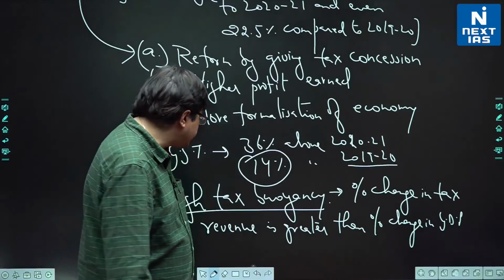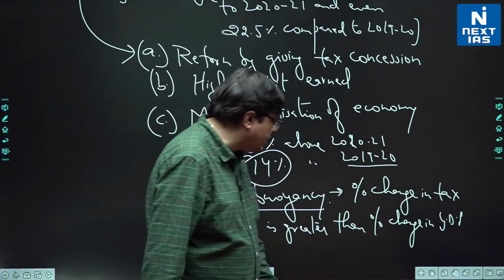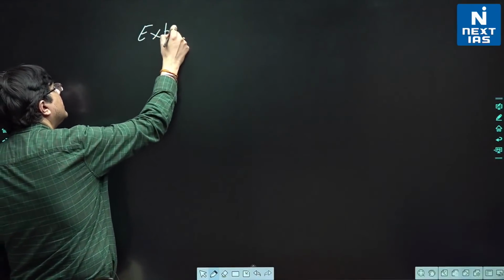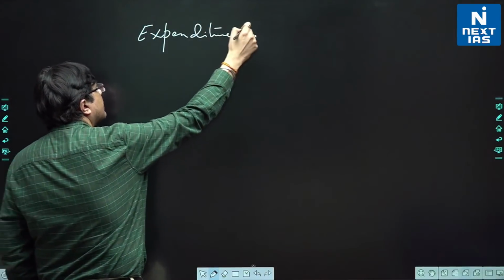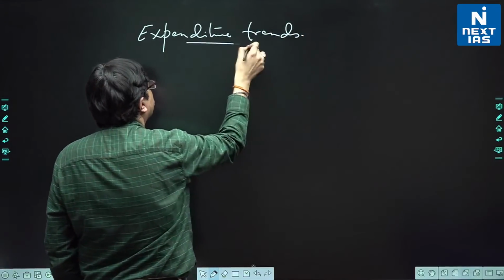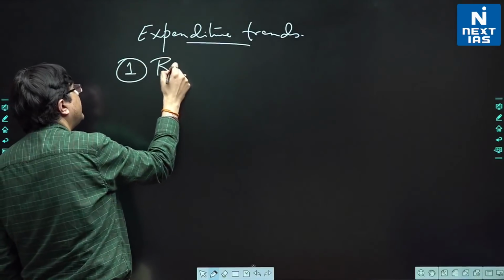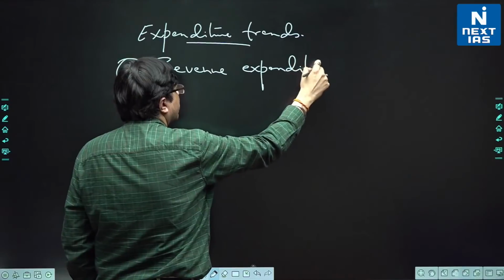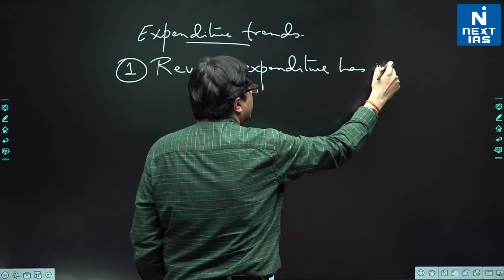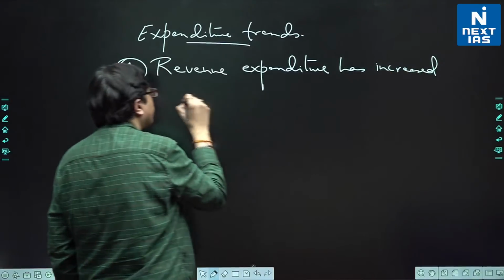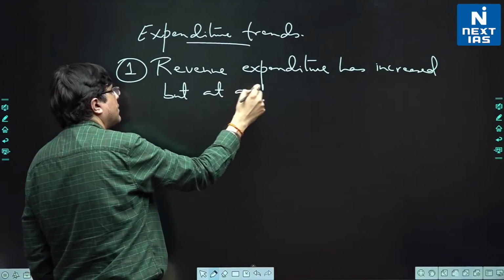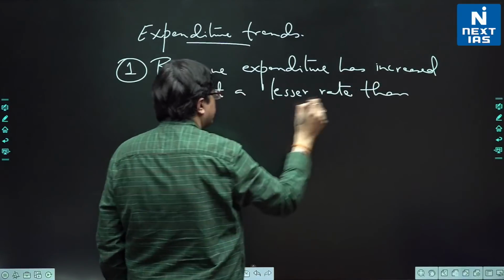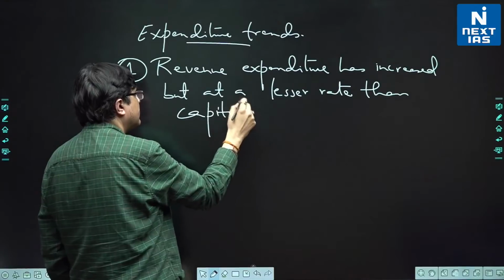Also remember, among major subsidies of India, then I take you into expenditure trends. The next thing I discuss with you is expenditure trends. Revenue expenditure has increased, but at a lesser rate than capital expenditure.